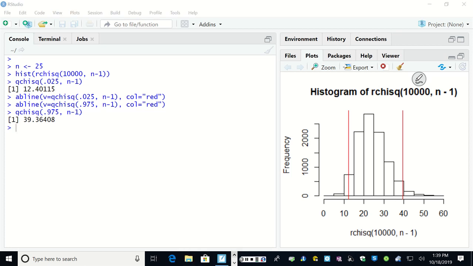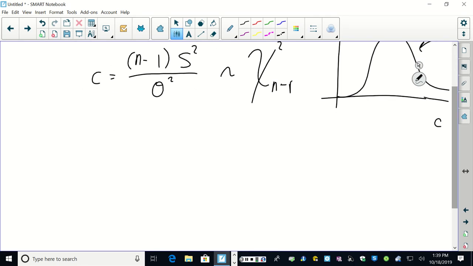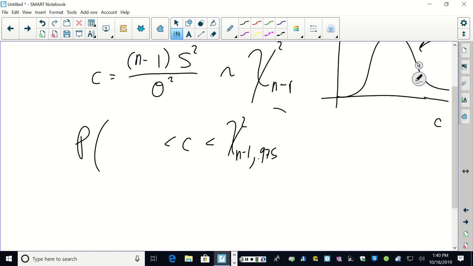So we can write that the probability that this statistic C is between these two cutoff points, what is that? That's the chi-square value with n minus 1 degrees of freedom, the upper one, 0.975, and the chi-square with the 0.025, the lower area.